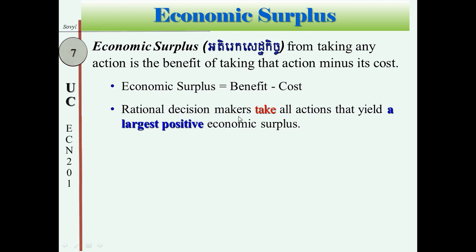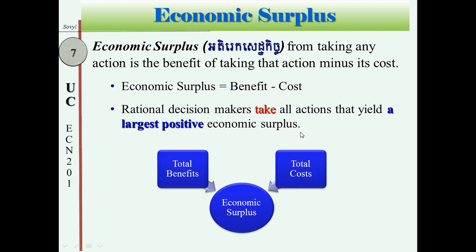Rational decision makers take all actions that yield the largest positive economic surplus, the biggest positive economic surplus. So in order to get economic surplus, you need to know total benefit and total cost. Total benefit minus total cost is the surplus.